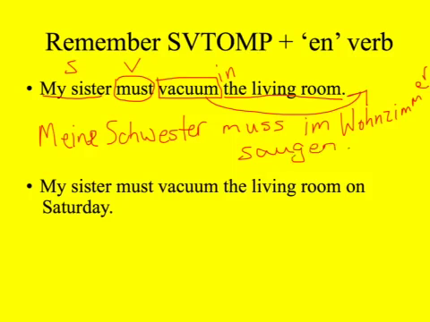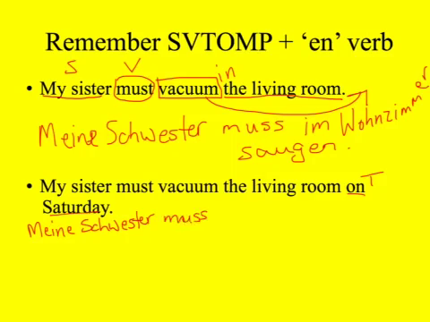If you wanted to say when she does that as well and take that up to that extra high level, follow the same pattern, but this time we've got to put in our on Saturday is our time. So it goes where the T is in the SVTOMP. So meine Schwester, and I'll try and write a little smaller. Meine Schwester muss.